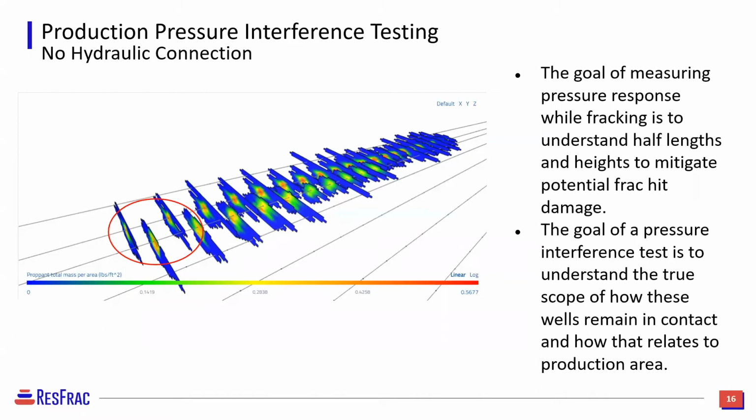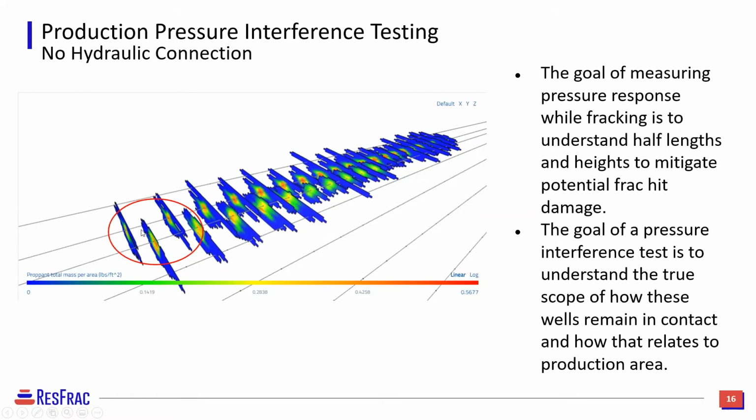And we have to ask ourselves, well, when I did the production interference test, I do have a connection here. But normally, the non-prop frac conductivity in ResFrac is potentially pretty low, and we won't see this response unless we have proppant that has crossed that wellbore.